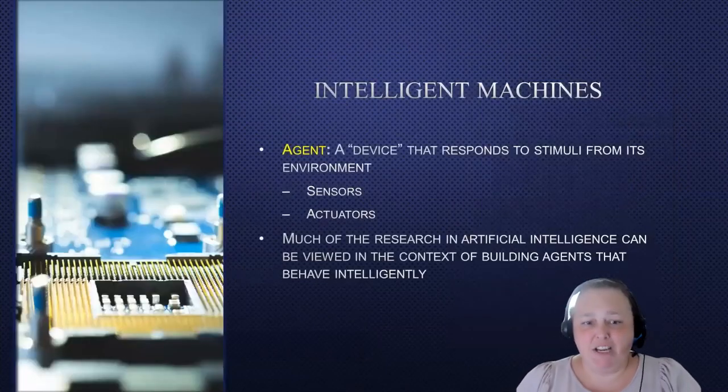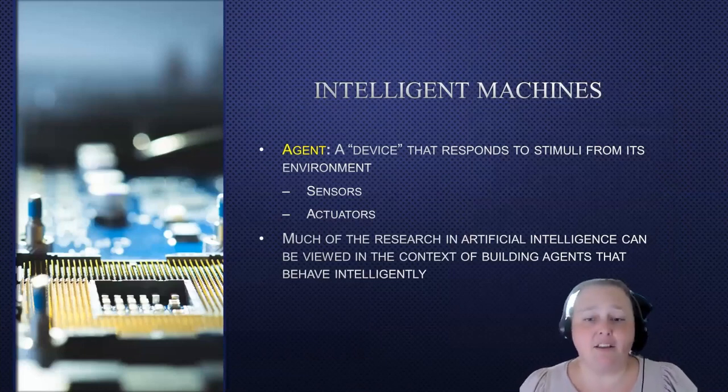So intelligent machines. We talk about intelligent machines and we say that there is an agent, and this agent is a device that is going to respond to stimuli from its environment. It can be done in many different ways.